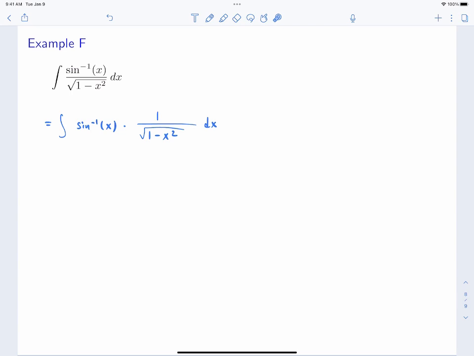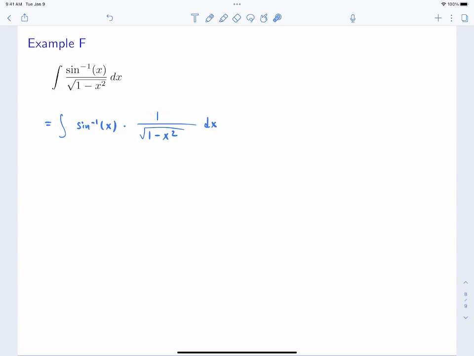All I did was take this inverse sine of x and write it out to the left, and multiply by 1 over the square root of 1 minus x squared. So the thing in the denominator is still in the denominator, but it's got a 1 in the numerator instead.